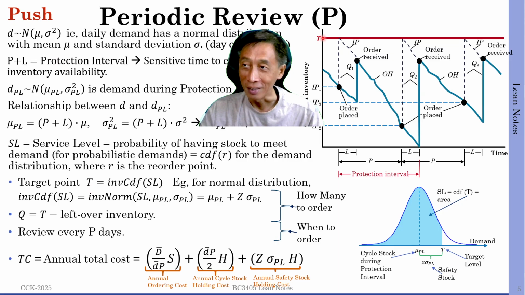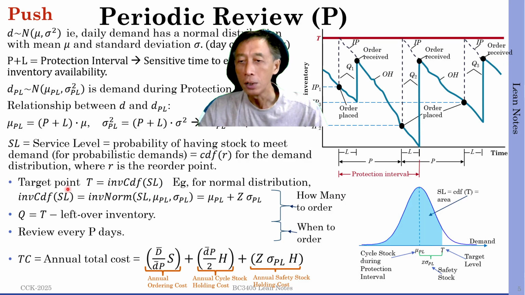It's like the top of the top line, whereas reorder point was the danger zone line, right? Something like that. So the interpretation, the meaning of these two numbers, even though they are both inverse CDF of service level, the interpretations are different.